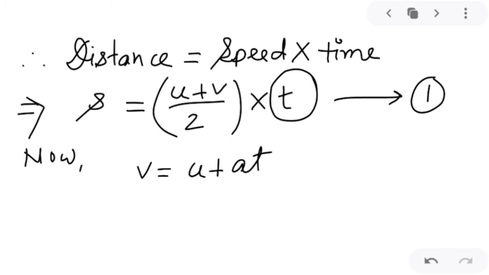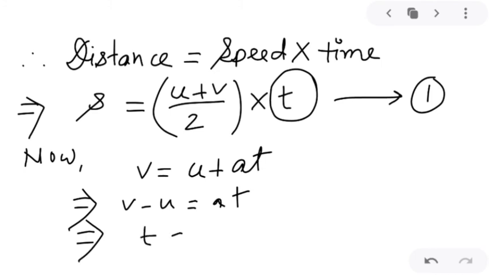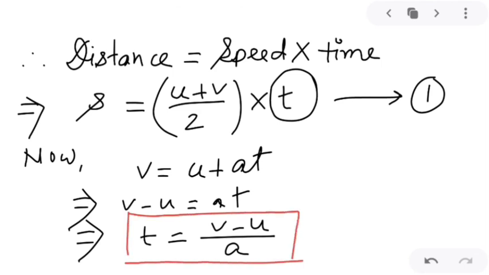So v minus u equals at, and t equals (v minus u) by a. Now we put this value of t in equation number 1.